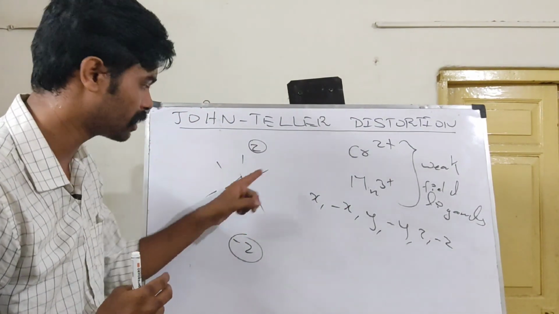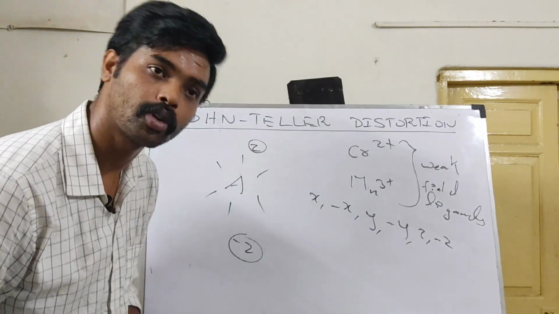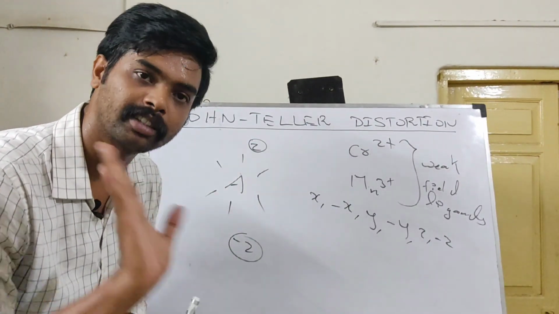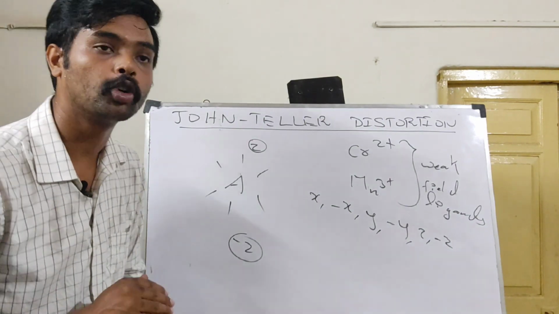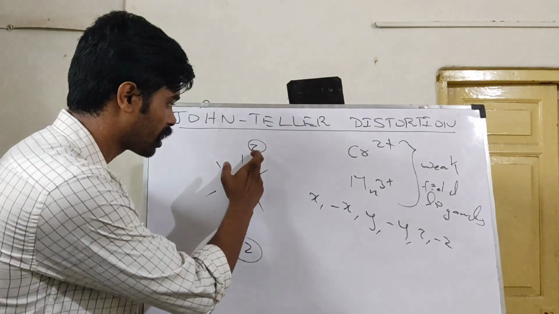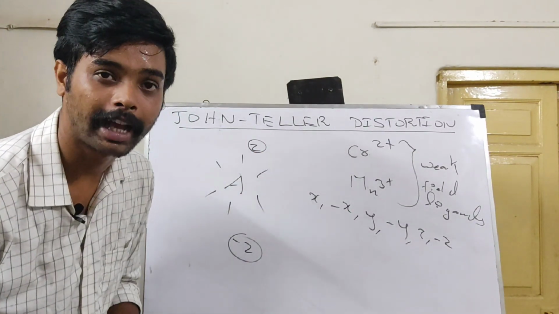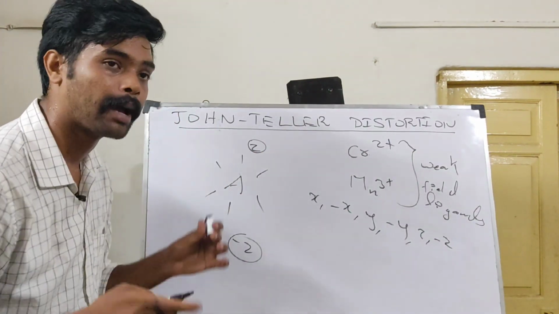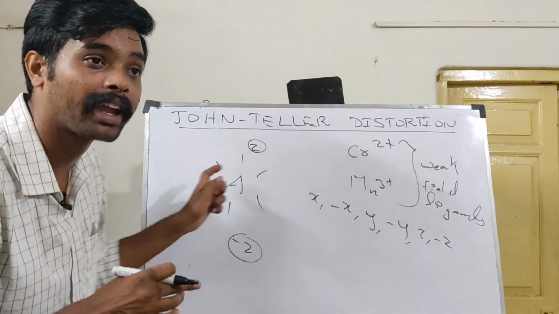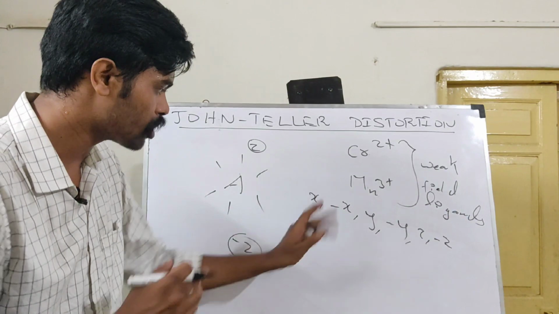But in the x and y directions, it will be able to approach closer. So what is going to happen because of this? Definitely there are going to be 2 sets of bond lengths. Two bonds are going to get elongated, and which are the elongated bonds here? Those along z and minus z, because I am going to have more repulsion, right? And I am going to have 4 shortened bonds along x, minus x, y and minus y, right? So let me chalk it out.